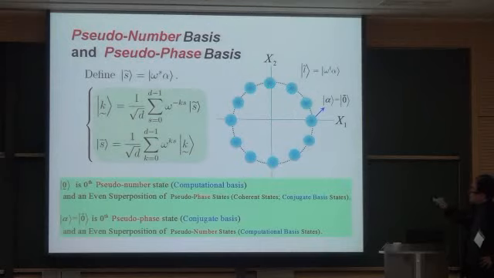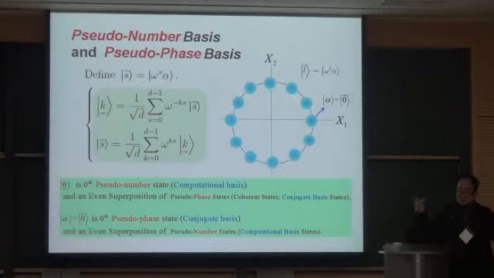So these guys are phase states, and you can understand that as an angle, the angle of this state. And this radius, you might understand as a distance from the origin, that is related to photon numbers. So these two are in conjugate relations.